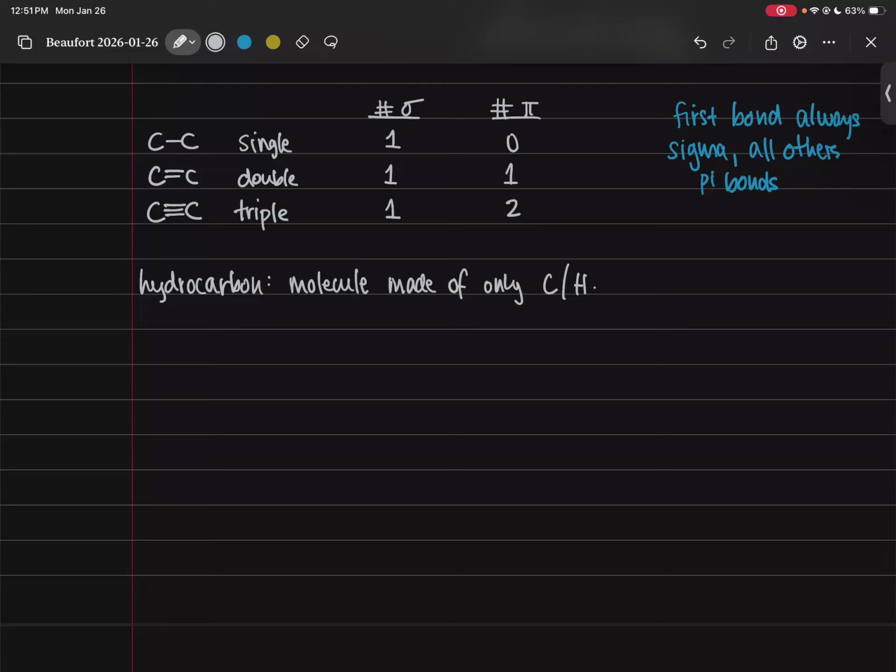No oxygen, no nitrogen, no heteroatoms. That's sort of an alternate definition, a molecule with no heteroatoms. Also, we need the term saturated. And saturated means that we only have single bonds, aka only sigma bonds.